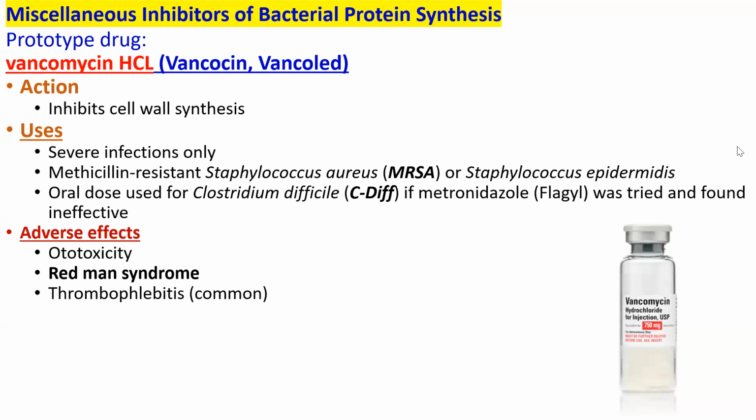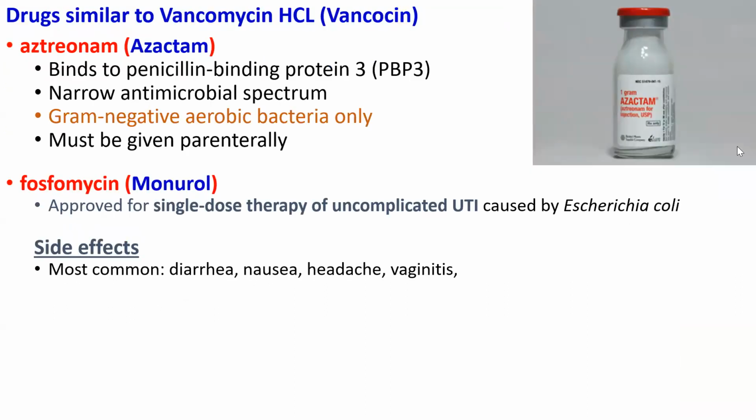Aztreonam. Aztreonam is the only available monobactam drug. It's one of the monobactam drugs, and that's the only one available right now.